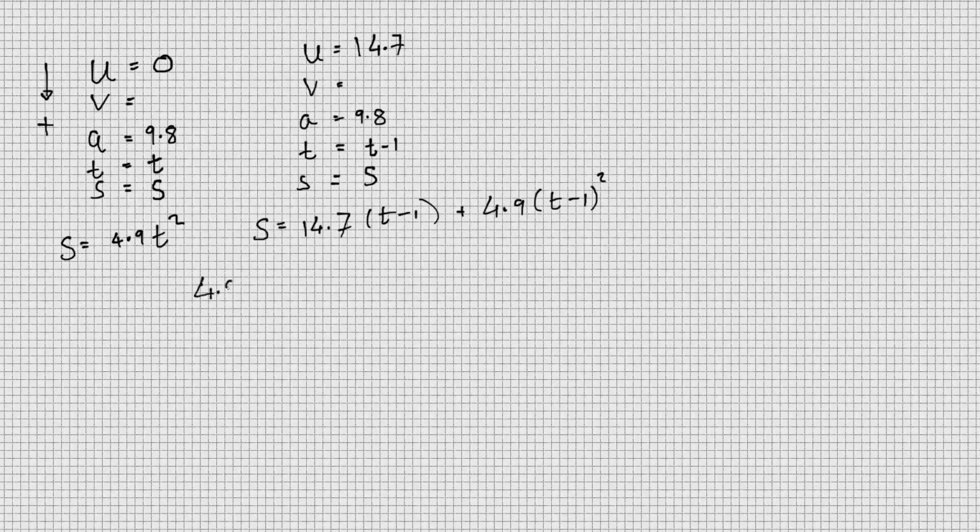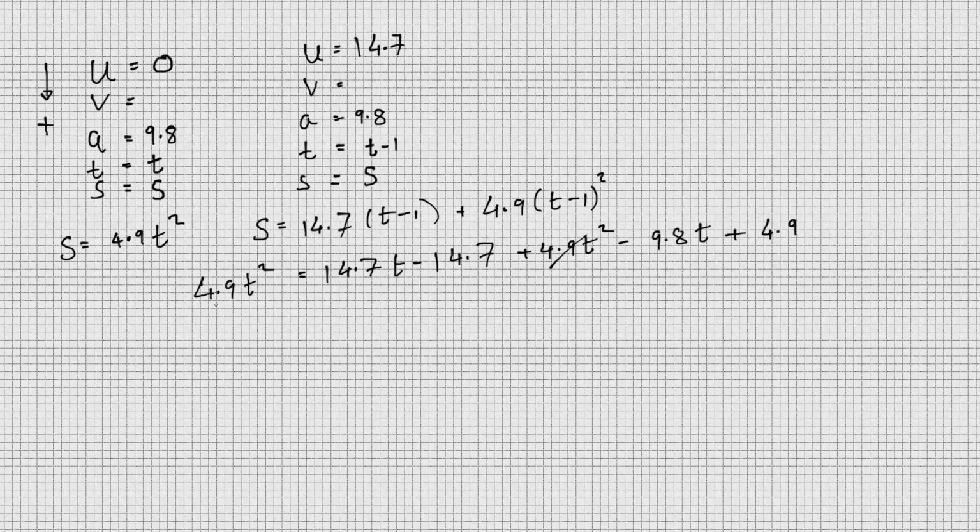So you get 4.9 T squared equals 14.7 T minus 14.7, and let's expand this, plus 4.9 T squared minus 9.8 T plus 4.9.